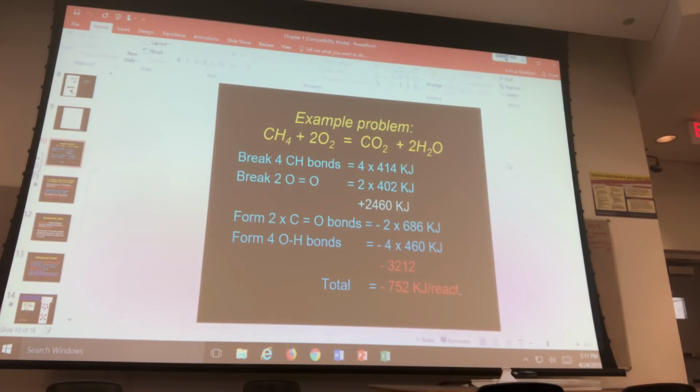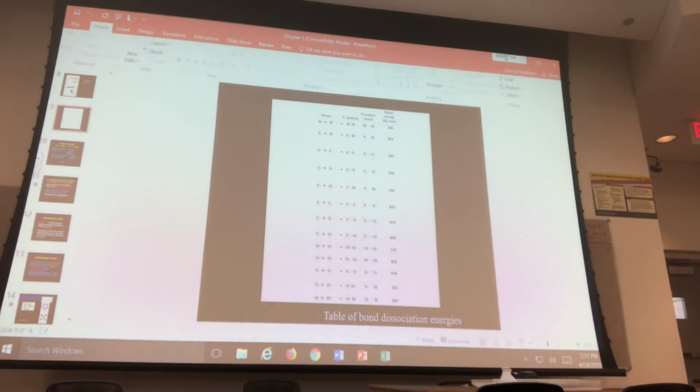You will be given the numbers that you would usually find in this table. You'll be given the numbers, and you have to calculate the enthalpy of formation either for the reaction as a whole, and you can remind yourselves that if it asks you for the entire reaction, you just calculate enthalpy of formation like we learned. I may say some things that don't sound familiar to you right now. When you review, you will recognize them.